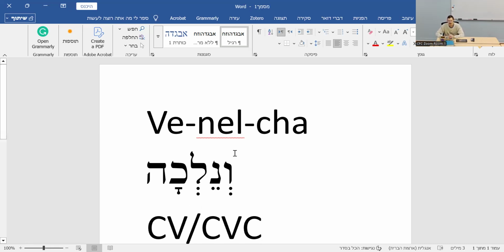Okay. So the 'le' is what kind? Open. Then you have 'nel', which would be what? It's going to be closed. It would be consonant, vowel, and consonant. The schwa here is just telling you to stop.